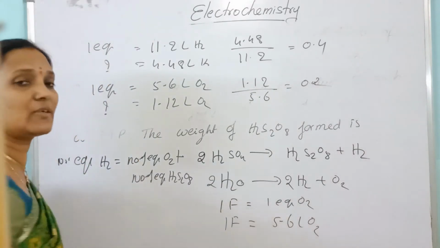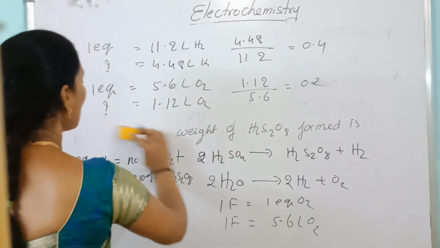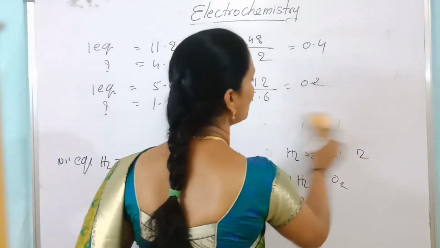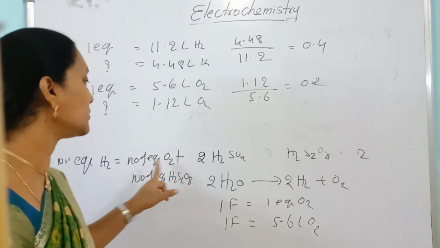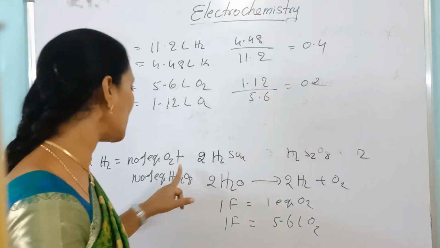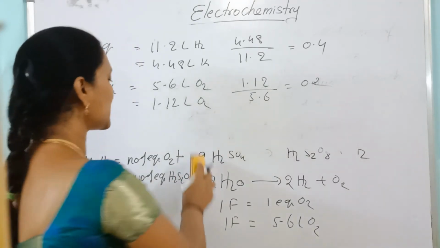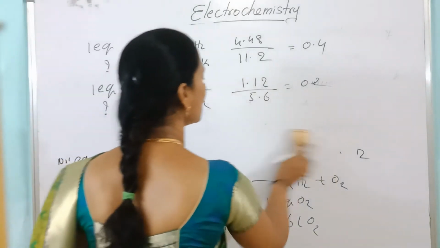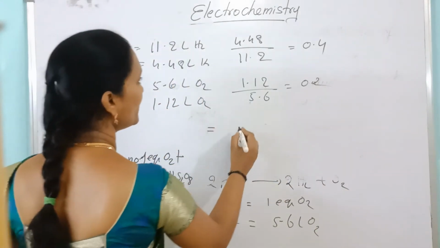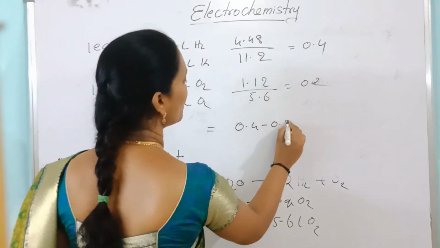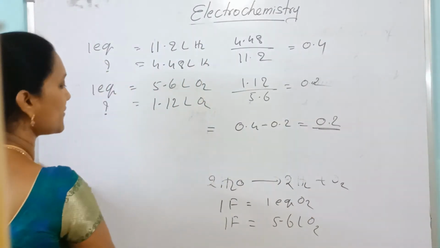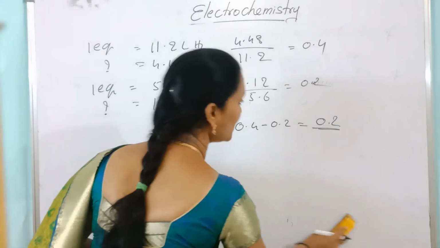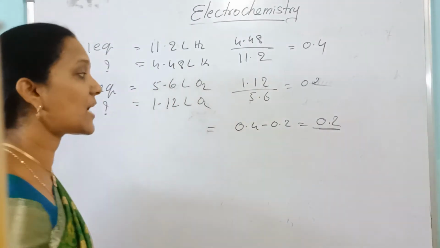What is the number of equivalents of H2S2O8? What is the relation? The number of equivalents of H2 is equal to the number of equivalents of O2 plus the number of equivalents of H2S2O8. So H2S2O8 is this minus this, which is 0.4 minus 0.2, 0.2 equivalents. Now mass they are asking.